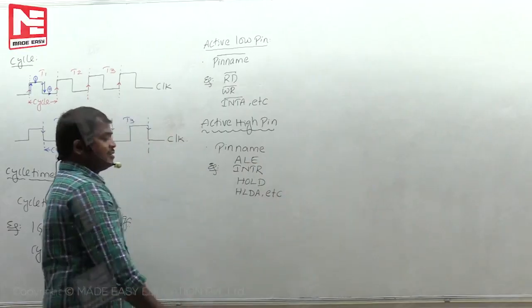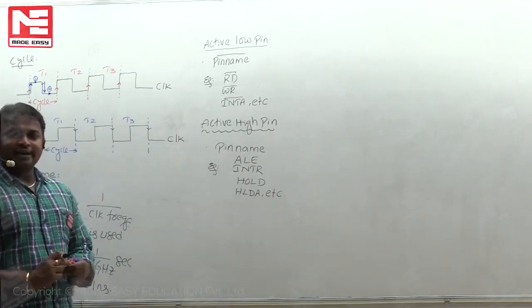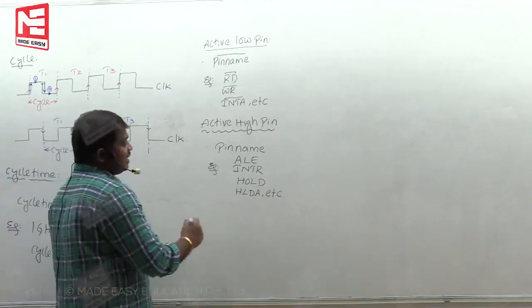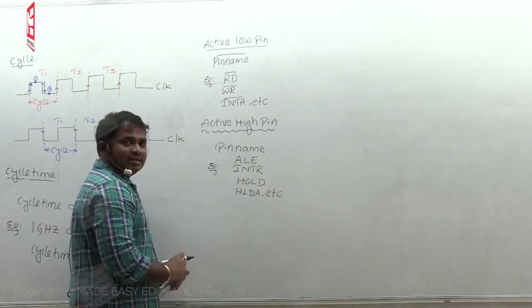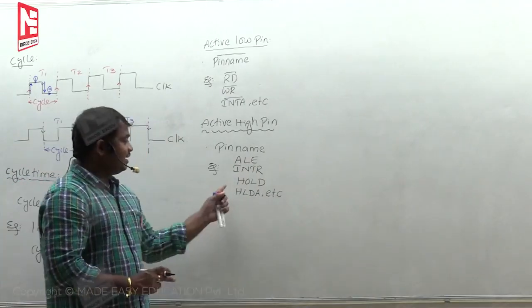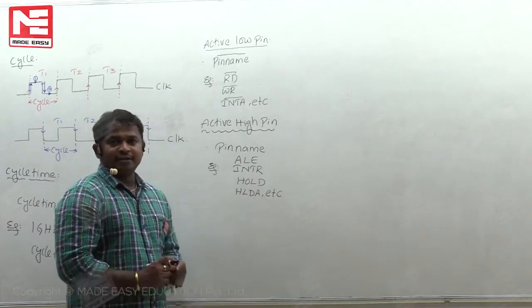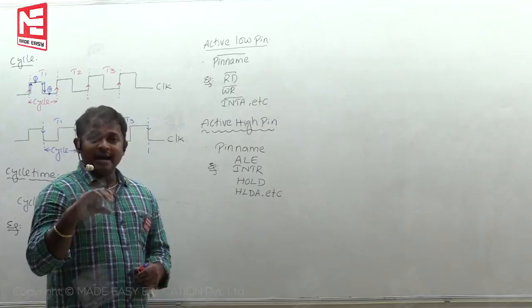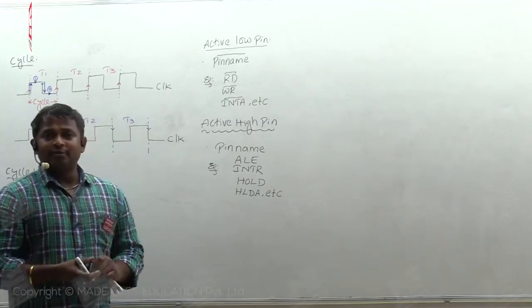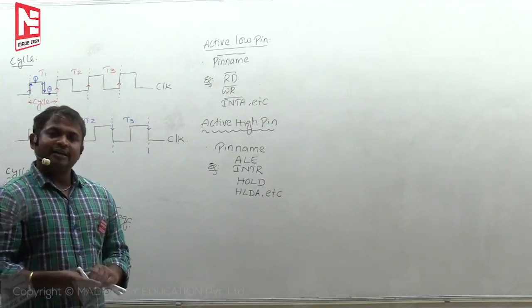These all are the pins operated with active high nature. ALE stands for address latch enable. INTR, interrupt request. HLDA, hold acknowledgement. Pin name without bar, active high. Pin name with bar, active low.